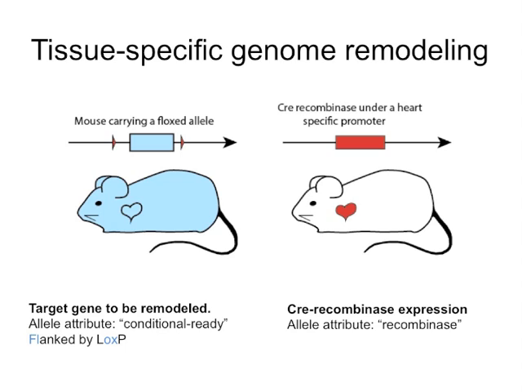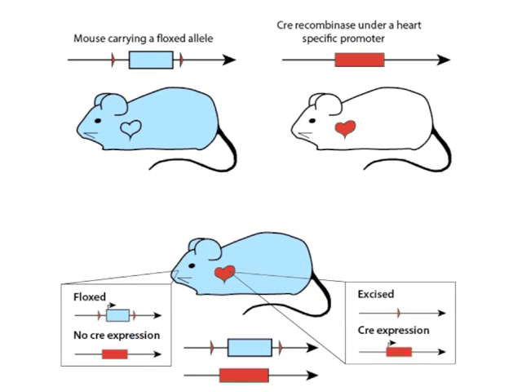On the right, you'll see a diagram describing the CRE expressing mouse, and the CRE recombinase is placed under control of a specific promoter, here indicated with the heart. The allele attribute for these is recombinase in MGI. You take these two strains and cross them together to get both alleles within the same mouse.